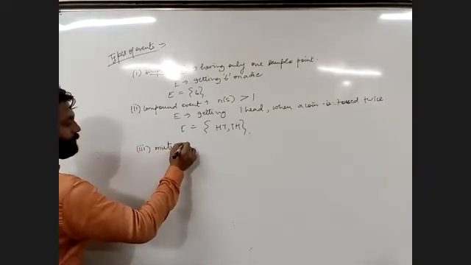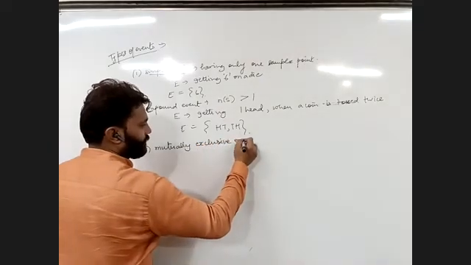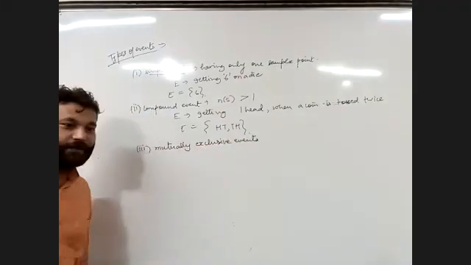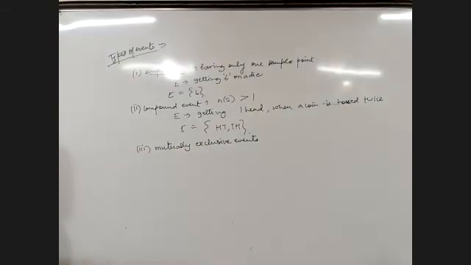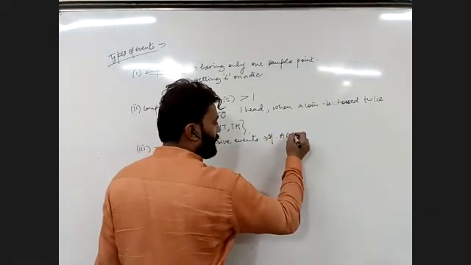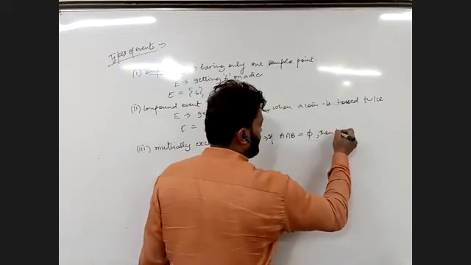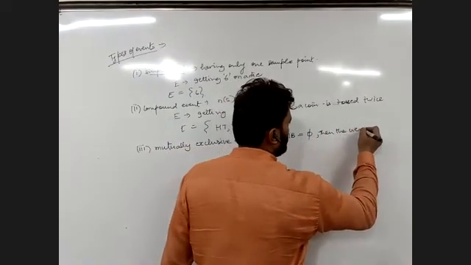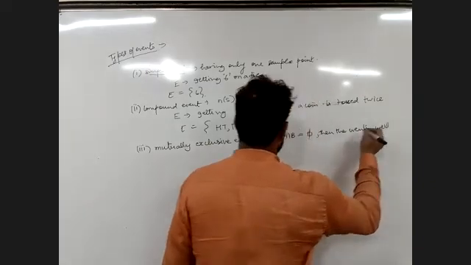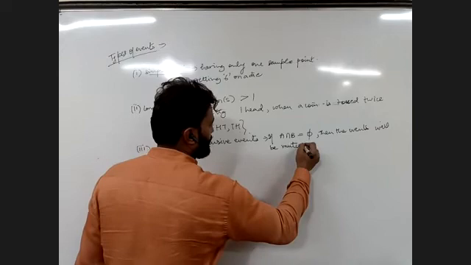Do you know about mutually exclusive events? What are mutually exclusive events? The events which have nothing in common. That is, if A intersection B equal to null set, then the events will be mutually exclusive.